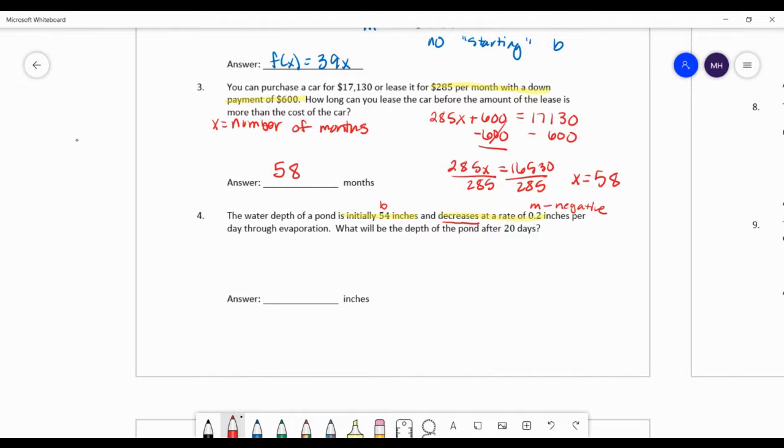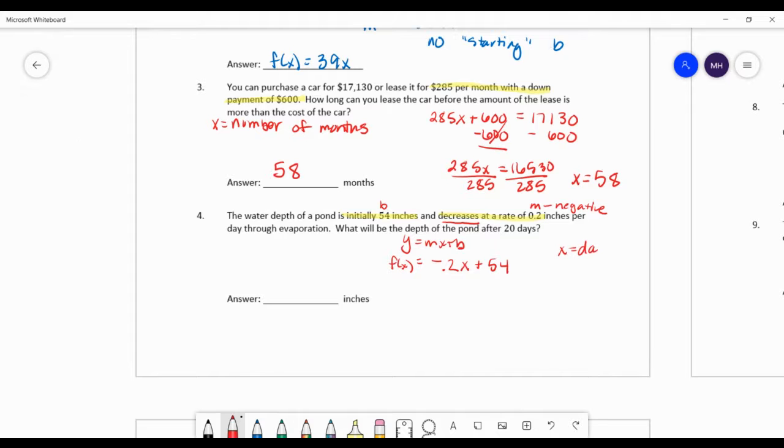So let's write a function for this linear model, mx plus b. So the m is going to be a negative 0.2 times x plus 54. Okay, so this is our function for the water.